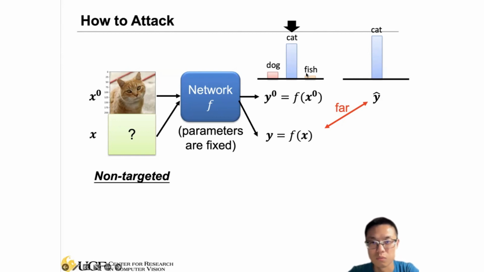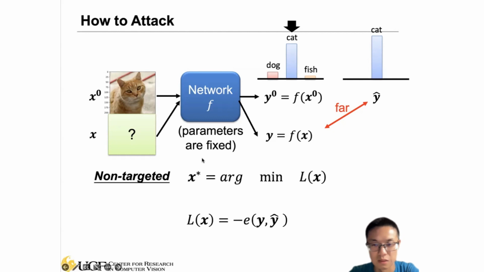In other words, we want to reduce the confidence or probability of a cat, and maybe bump up the confidence of other labels, maybe fish or dog, or other classes, because we are doing a non-target attack.